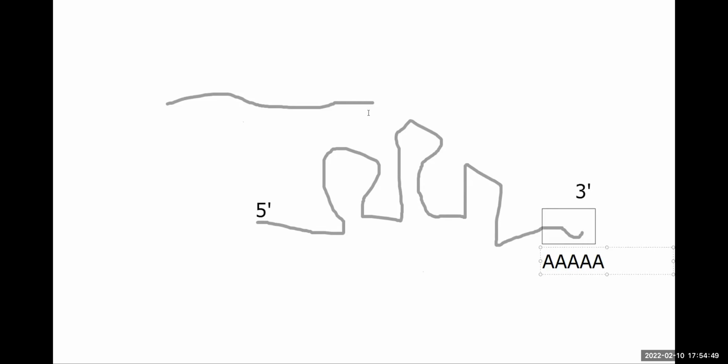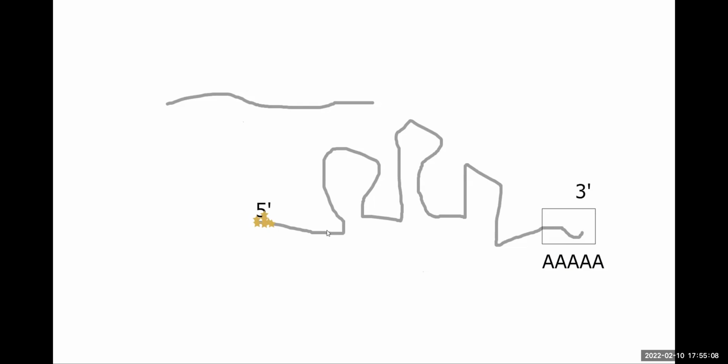At the 5' end, they have a capping by methylated guanosine, and they have secondary structure. And a triplet of nucleotides codes for one amino acid.